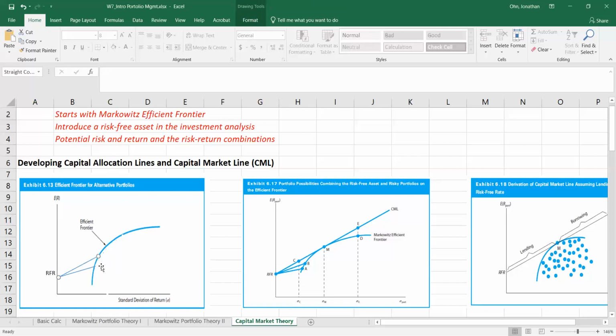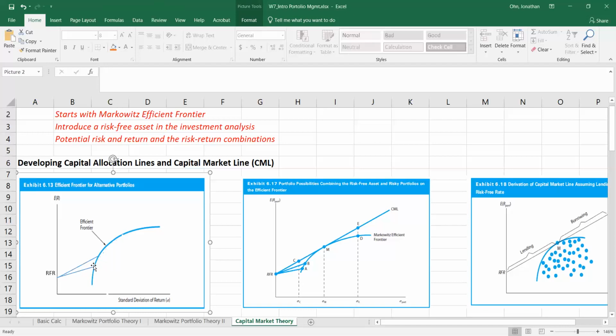Okay, so A and B. Let's look at this a little bit bigger. Now, this one is A, lower part, and this one is B. If you combine the risk-free asset and A, all possible combinations should be located here, right? 50% is located at the midpoint, and so on for every possible combination.